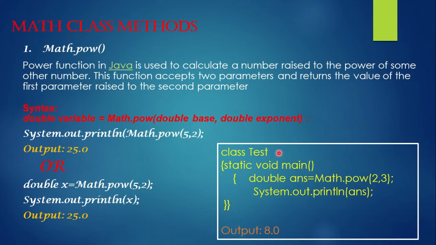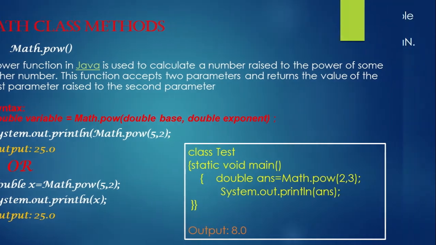I will explain this here only. Afterwards, simple examples will be given. The program is displayed over here so that you can type it and see the result. Either you can type this way, otherwise this way. I think it is very clear for you. So the power function we have discussed.